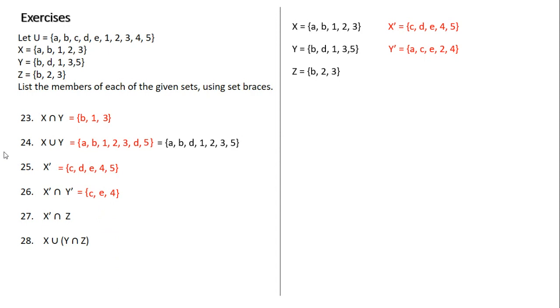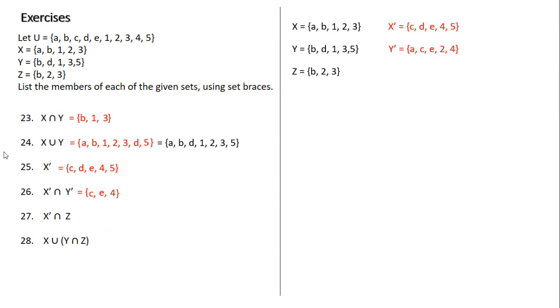That's it, right? Those are the only values that are in both of those primes. How about 27? X prime intersection with Z. So not the elements in X, but the elements in Z. See, that's why he didn't do the Z prime, because we're not going to use it. Not the elements in X are C, D, E, 4, and 5. The elements in Z are B, 2, and 3.